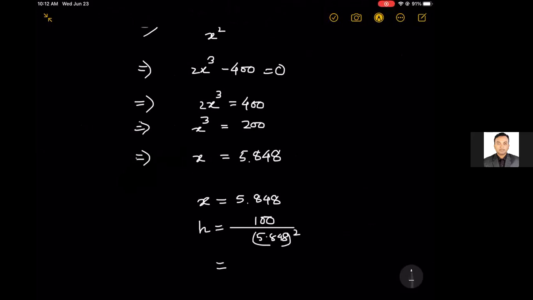Now, what's the final output for h? Anyone? Again, use your calculator. Just divide 100 by the square of the value for x, 5.848.